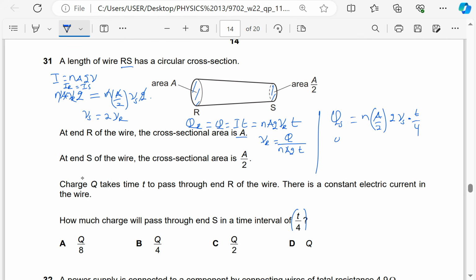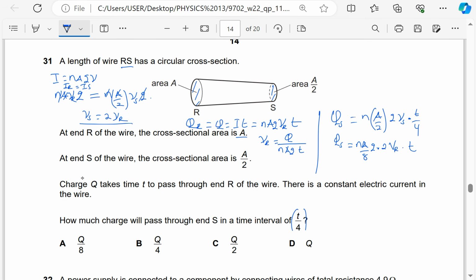So QS is going to be equal to N times A over 8 times q. Where there is Vs, I'm going to put twice VR. Vs is twice VR, so I'll say times twice VR, then times t.